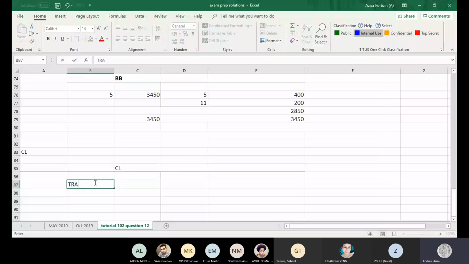Wouldn't we put the tracing fees in of 400, sheriff fees of 200, and our fees of 2850, right?